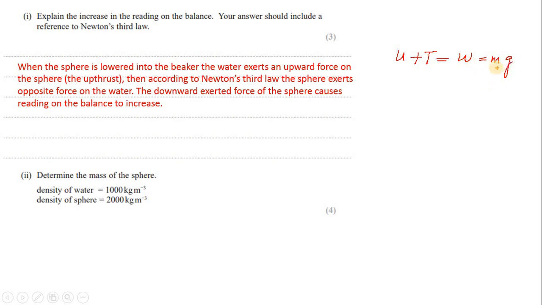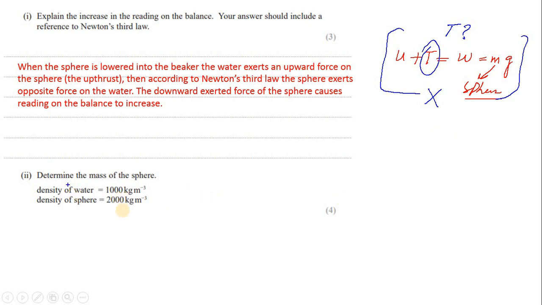This m is the mass of the sphere. But the problem is we cannot use this approach because there is no clue about T. So just forget this for the meantime. We are not going to follow this.